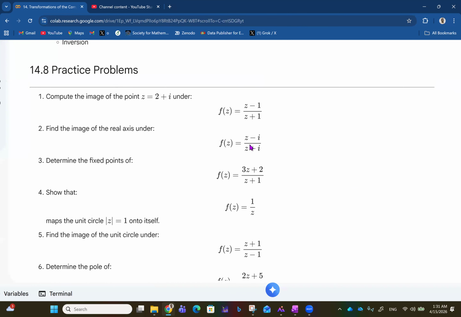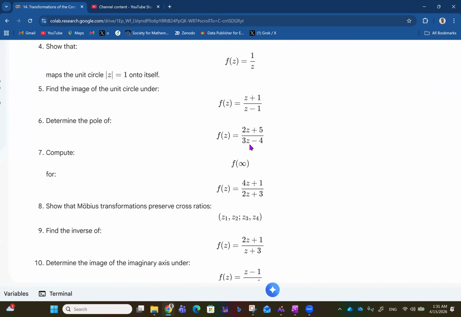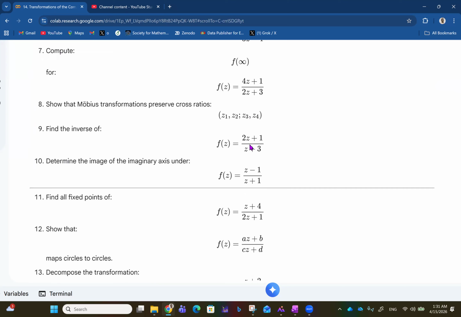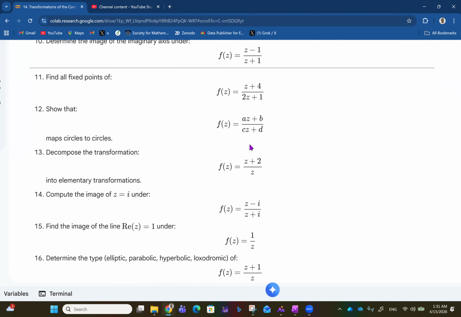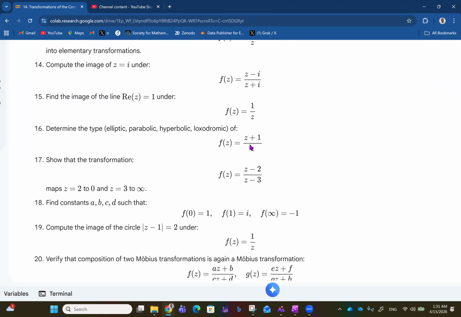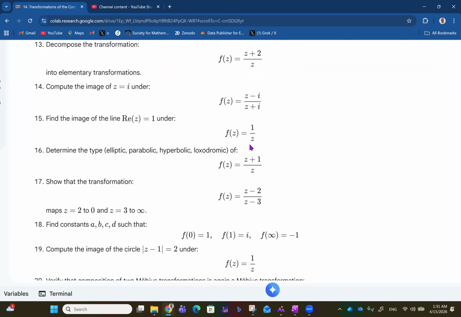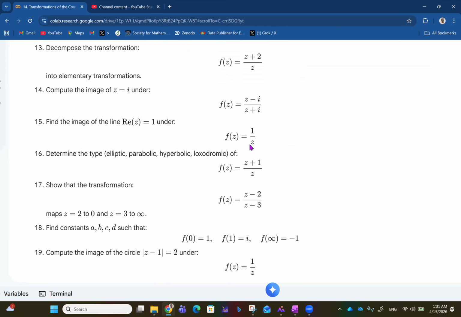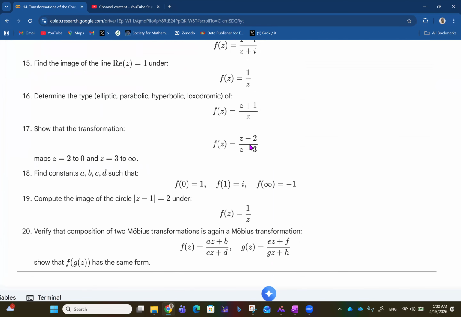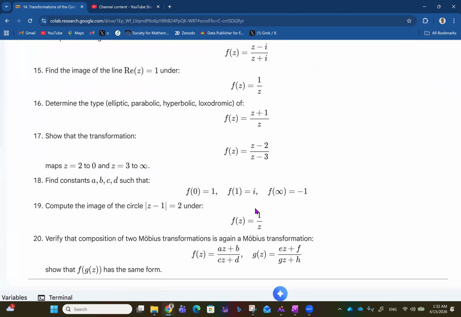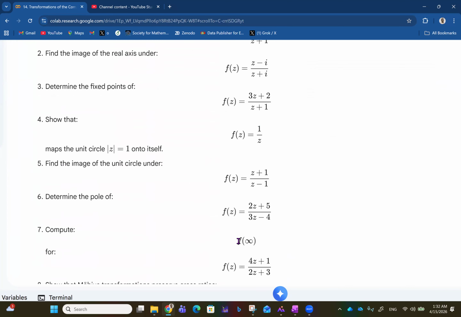Here you have 1 to 6, then 7 to 12, then 13 to the end. Okay, I'm solving questions 1 and 20.